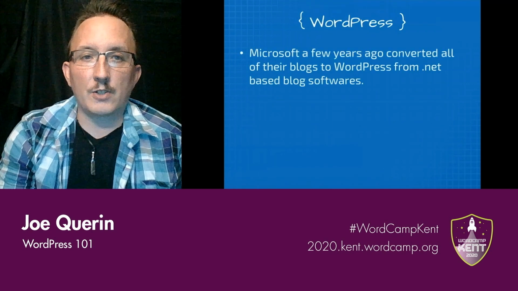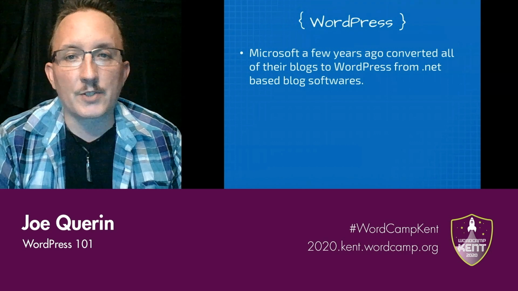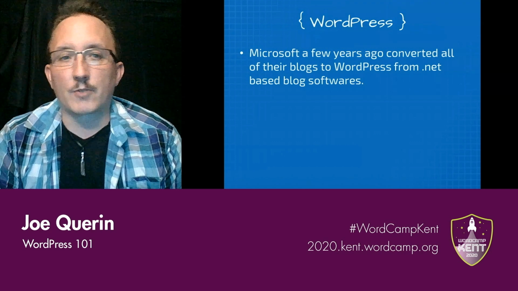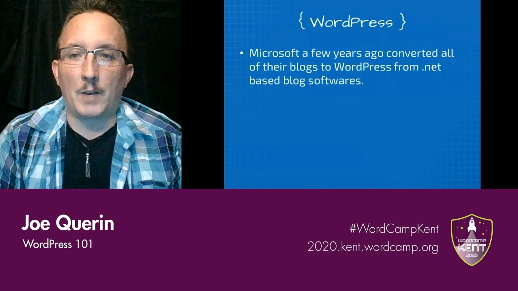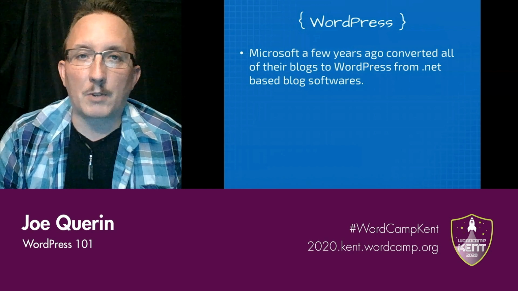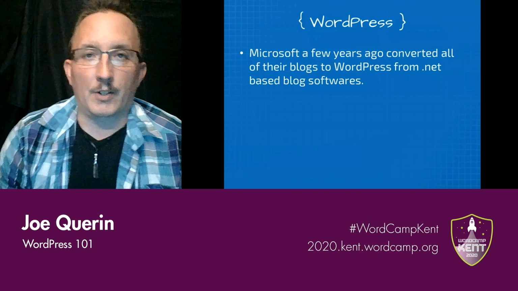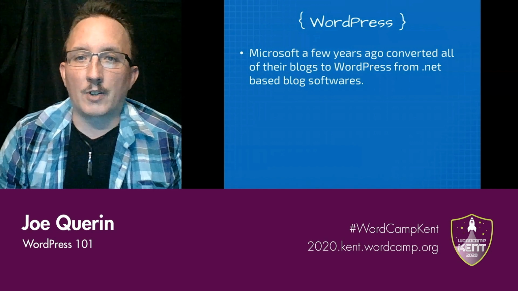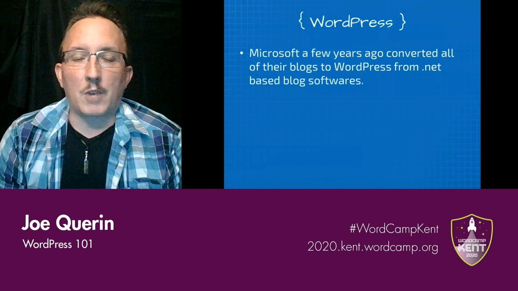Some other places that you may find WordPress and you wouldn't think of: a number of years ago, I heard that Microsoft converted all of their blogs to WordPress from a .NET based blog software. And for those of you that know a little bit about programming, .NET based blog software basically meant Microsoft wrote it. Microsoft used it for a lot of their TechNet blogs and some of the other developer type blogs, product blogs.